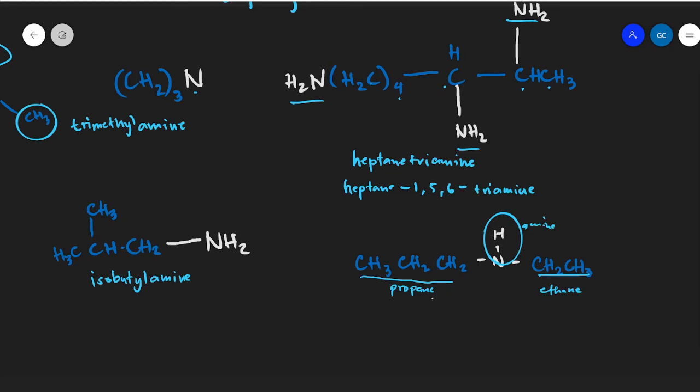Kung papangalanan natin yan, alphabetical lang ulit. So, this will be E, P, then amine. So we'll have here ethyl, propyl, amine.